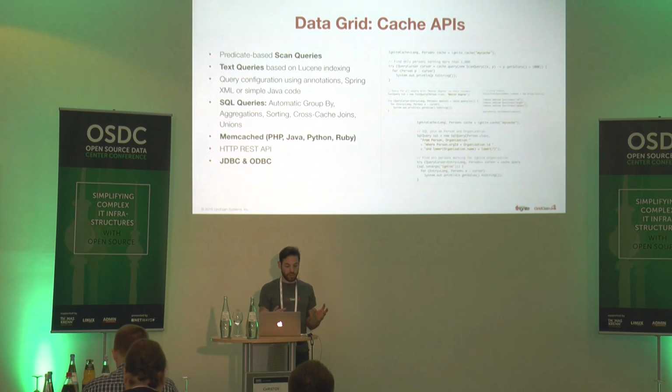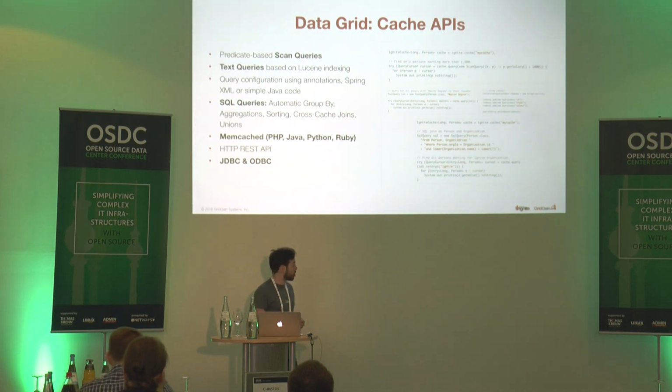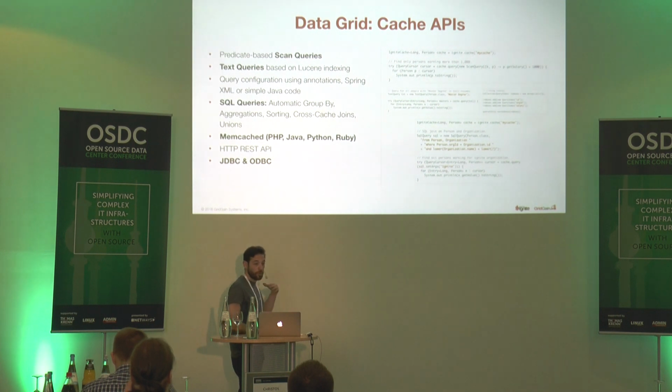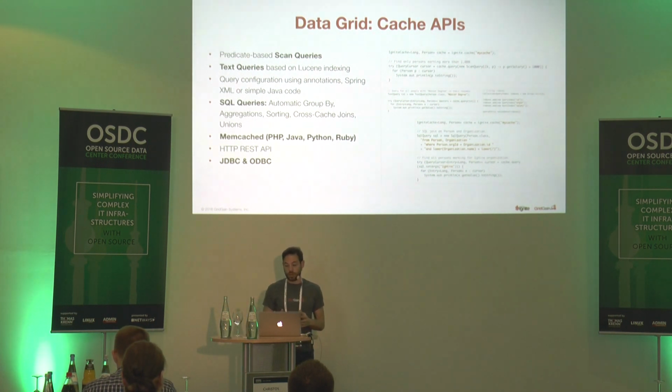You can drive this configuration or schema through annotations, so you can plug them into your POJO classes, or you can use XML configuration, or you can even use Java config while you're starting up to configure this stuff. SQL queries, so that's really important. That's something that we're really investing in, and you can never be fully SQL compatible, but we are ANSI 99 SQL compatible, so you can usually execute most of the queries that you're running with a standard SQL database.